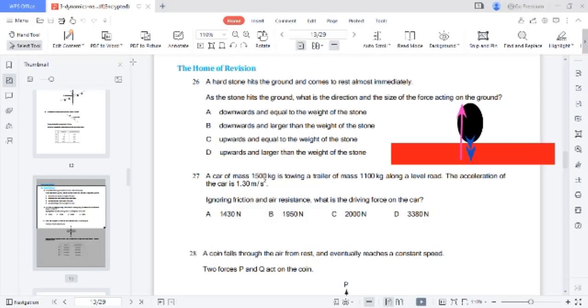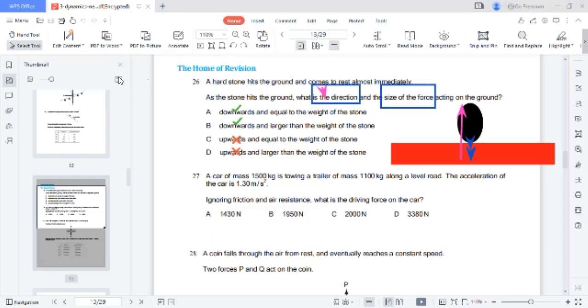So let's see. The first thing is related with direction and the second thing is size. Downward is the correct direction, so we are going to consider only these two options.